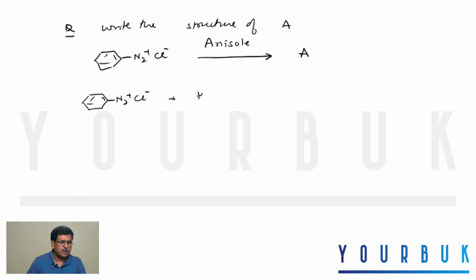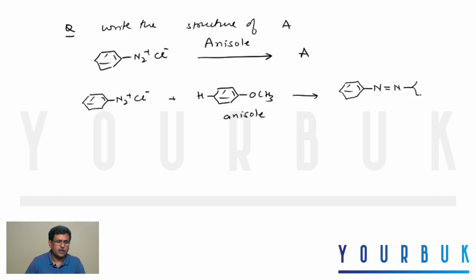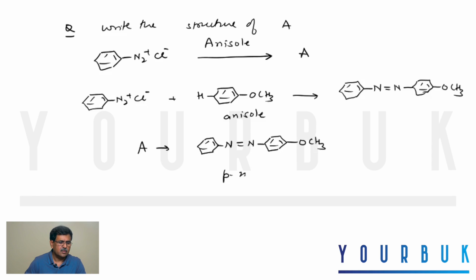So the coupling reaction will take place and results in the formation of this azo dye. So you write the reaction in your rough work. Once you know this is my final product, then you write this final product as A. So our answer A is this. This is called para-methoxyazobenzene.